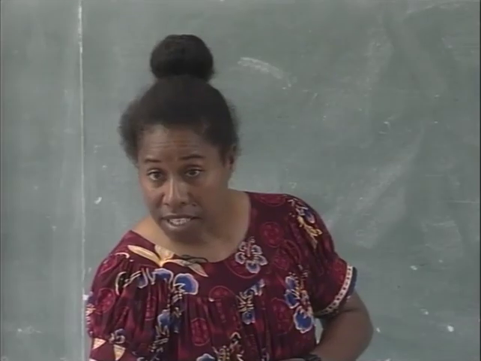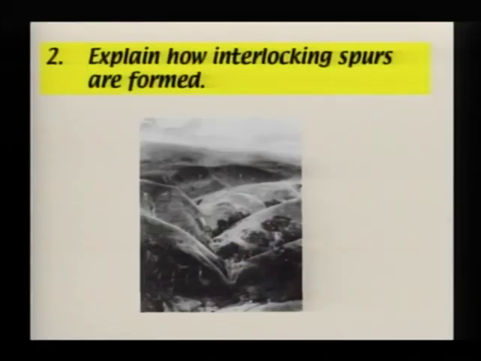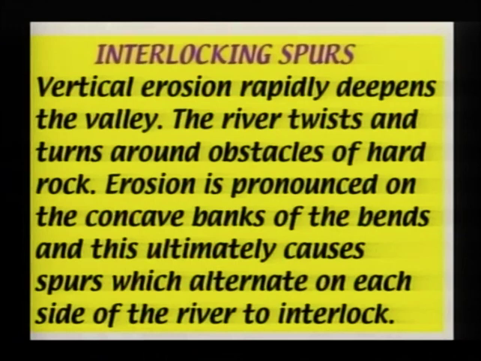Okay, the second activity, you were supposed to explain how interlocking spurs are formed. There was no need for you to construct a diagram. All you had to do was write an explanation on the formation of interlocking spurs. Your explanation should have information similar to what I'm going to go through. Vertical erosion, very important, rapidly deepens the valley.